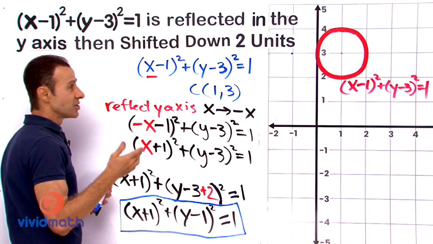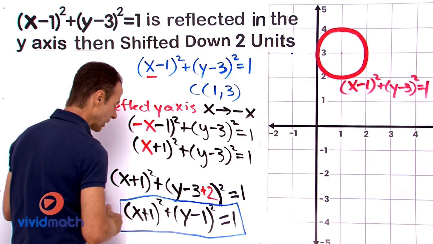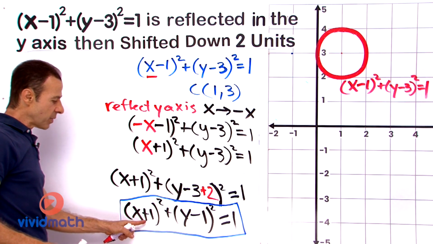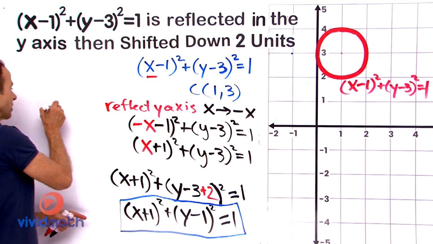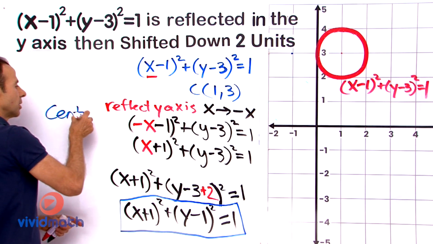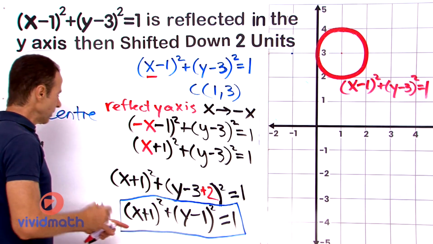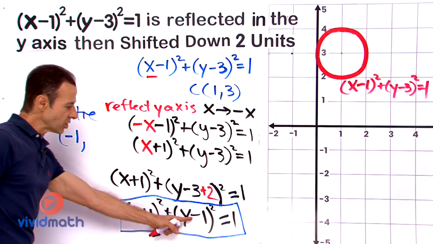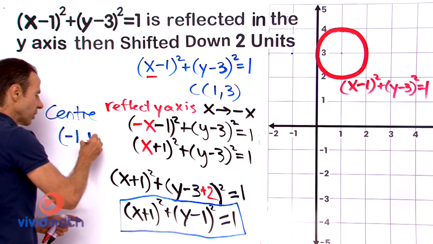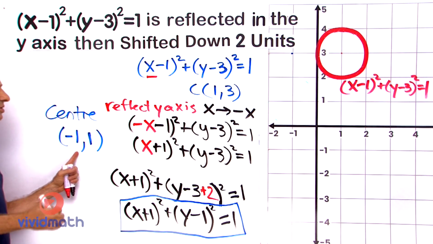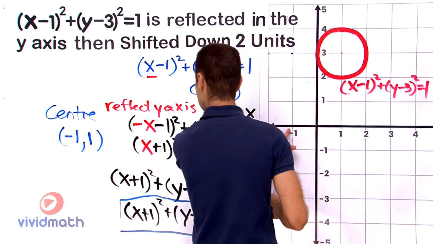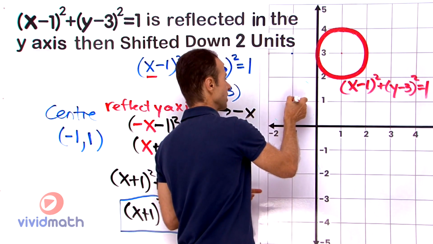There it is right there. Let's confirm from looking at that what the center of that circle is. We know it's going to be the opposite in brackets, so if that's a plus 1, our center is -1, and that's going to be positive 1. That's our center: (-1, 1). Let's see if that's correct up here. So that's our center right here.